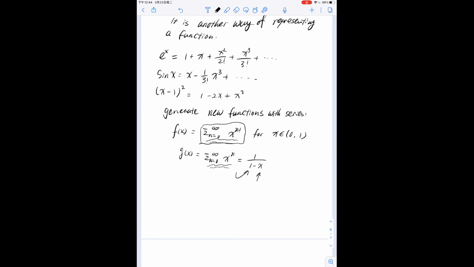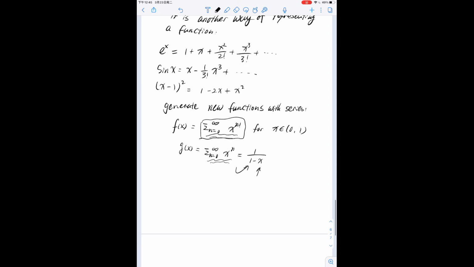Maybe, but I don't know how to do that. And I searched online. I didn't see an example of how to do it. That means with power series, we can generate new functions that are hard, if not impossible, to represent in elementary functions.